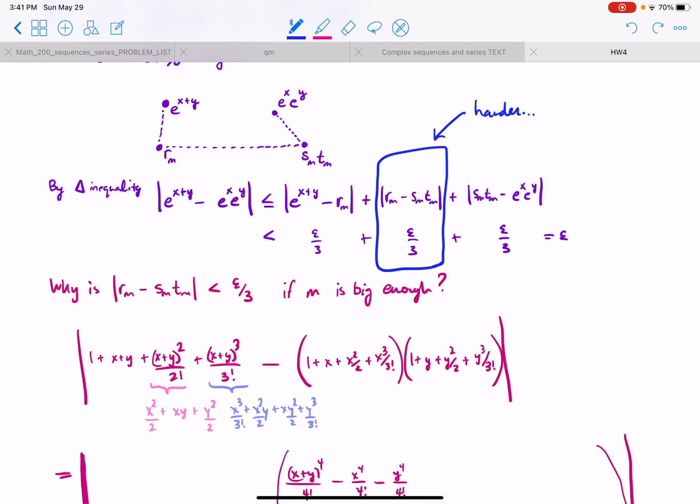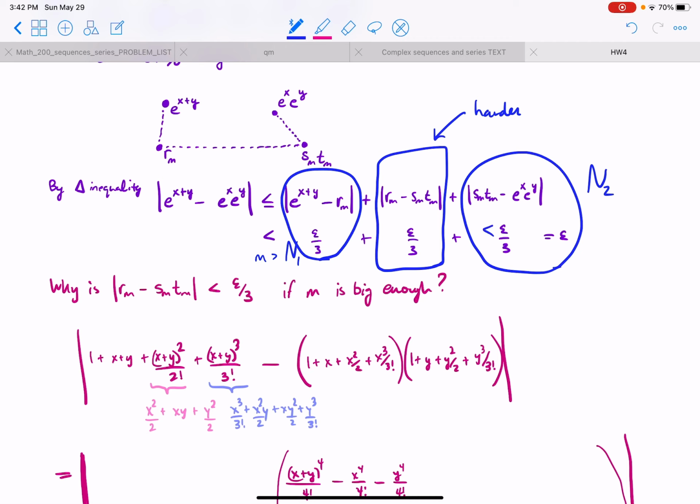Okay. So eventually we'll take n1 so that m past n1 implies that this is less than epsilon over 3. We'll find n2 such that this is less than epsilon over 3 here. And then we have to find n3 so that this thing is less than epsilon over 3. So can we find it?